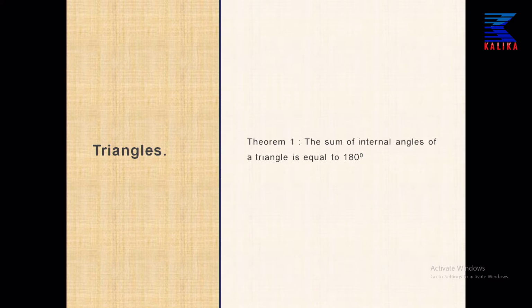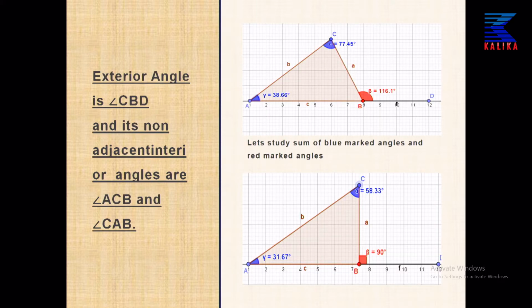So, today we are going to read theorem number 2, which is about an exterior angle of the triangle.